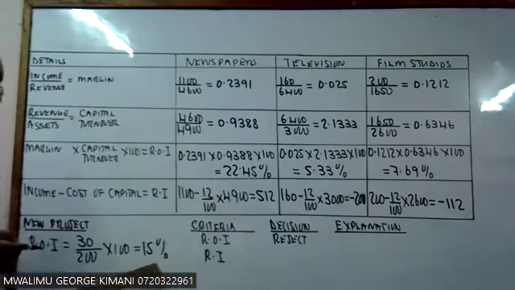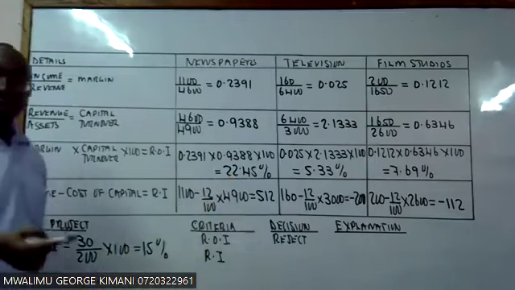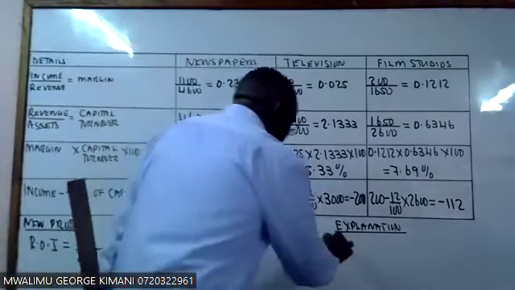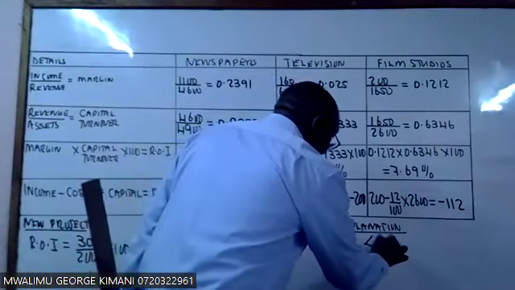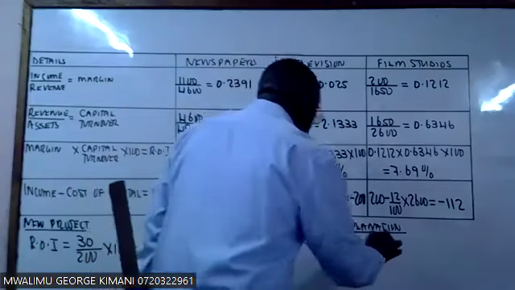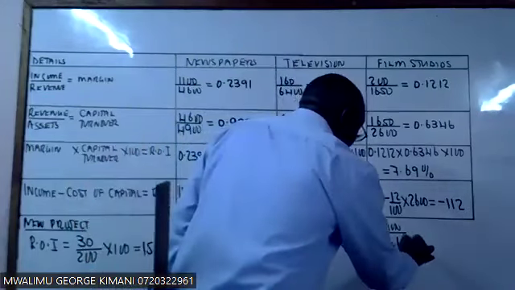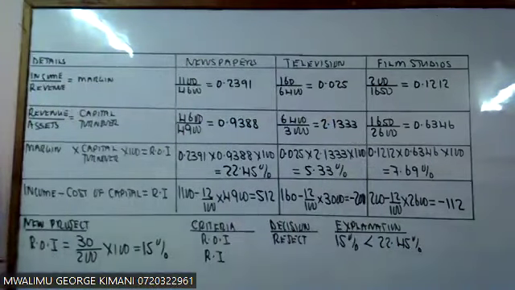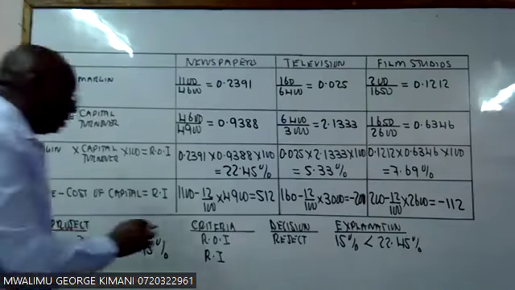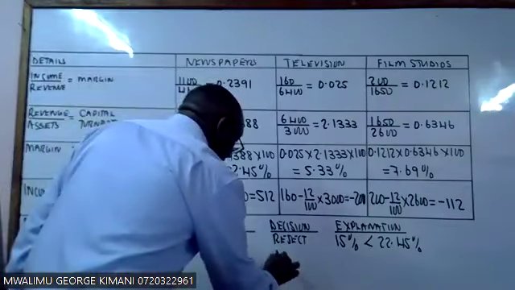But the project is proposing 15%. So we will reject it because 15% is less than 22.45%. Then this other one, we will say accept.